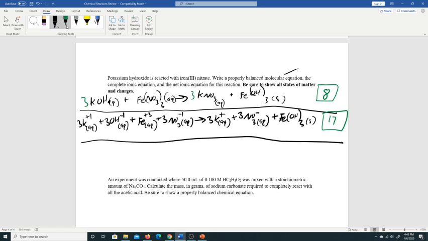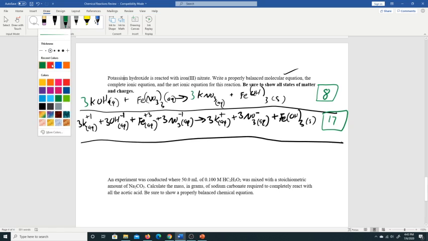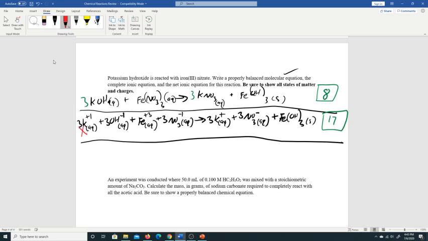Now the net ionic equation, we're going to eliminate any spectator ions. That's our ions which are common on both sides, and they must be AQ. So I have 3K+, 3K+. They're going to go away. I have 3 nitrates, 3 nitrates. So recopy what's left over. I usually write the cations first, but that's up to you.